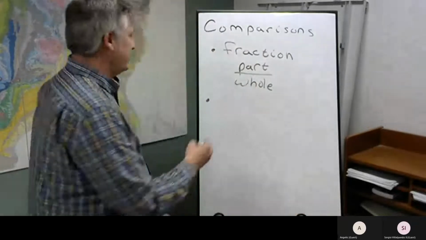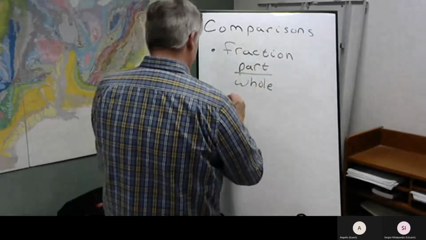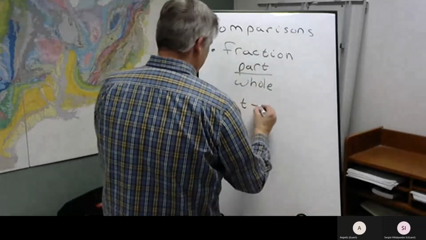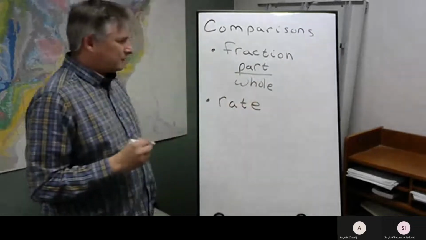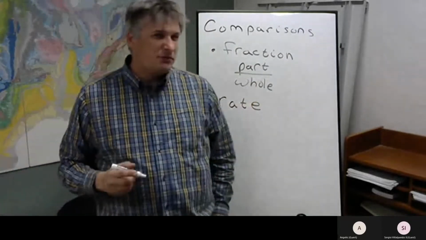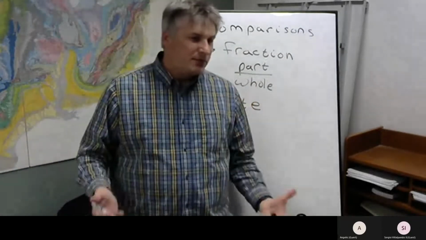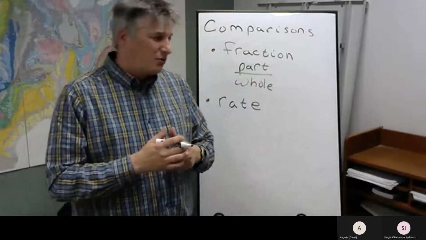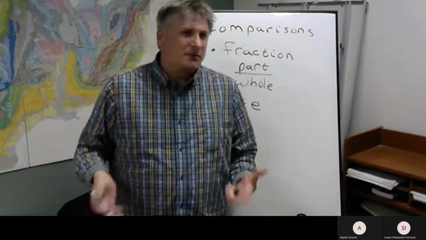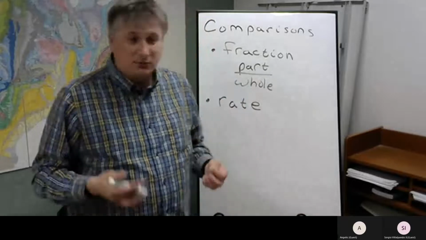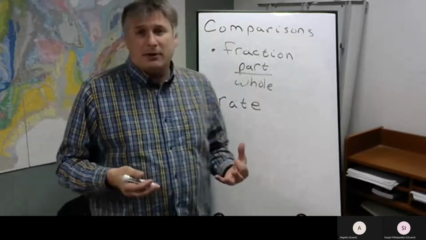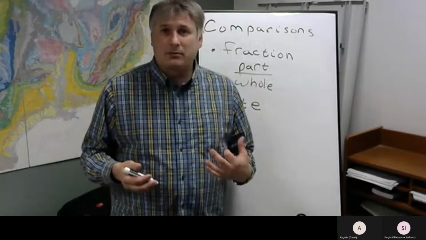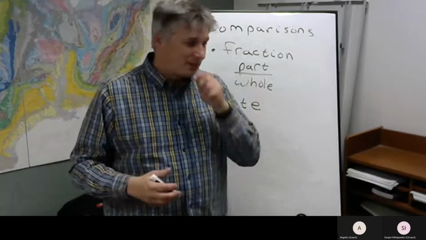The next thing is called a rate. A rate compares two different subjects, or two different substances, or two different kinds of things. We can get kind of vague on this. An example of a rate is speed. You're comparing distance with time.